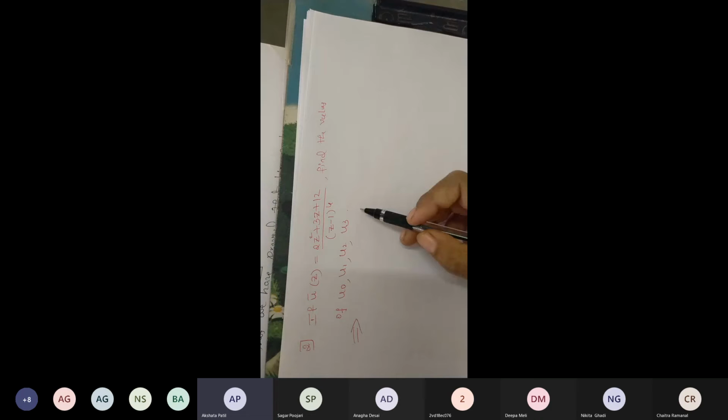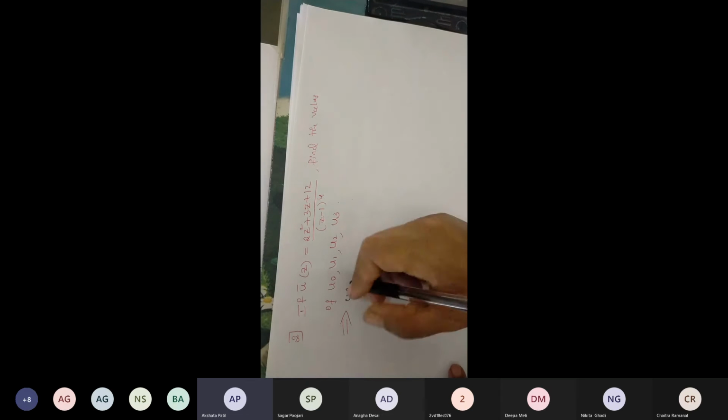Now here they have given the function 2z square plus 3z plus 12 divided by (z minus 1) raised to 4, and they are asking to find the initial values u0, u1, u2 and u3. Now here we can write the solution.